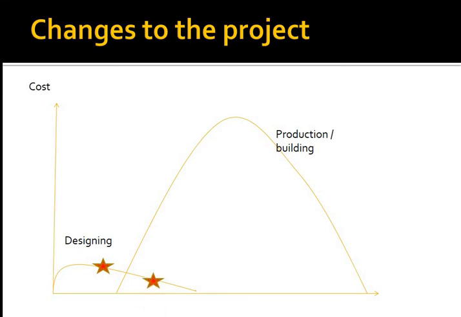If you, on the other hand, implement changes during the execution phase, it is going to cost you a fortune. So this is another reason why we spend so much time planning and simulating in the computer, whatever, because we want to save money and our nervous system, of course.